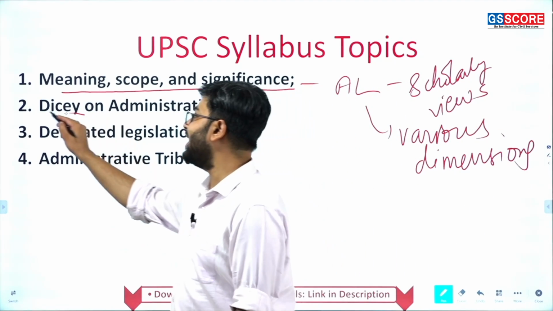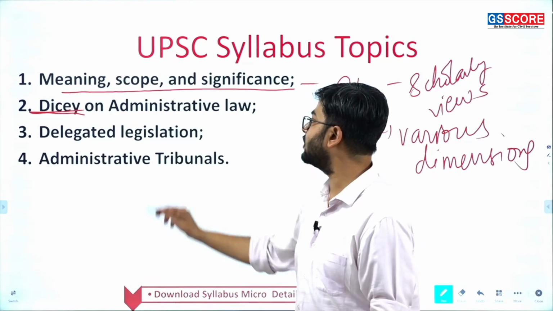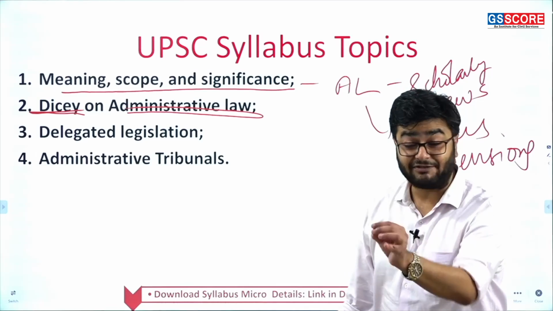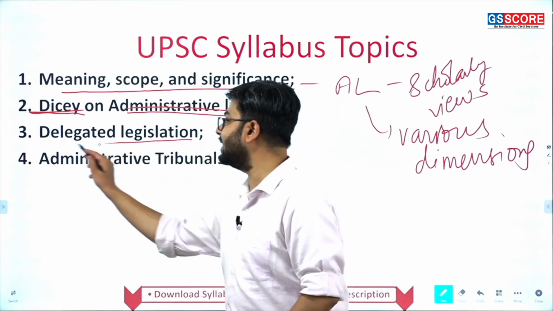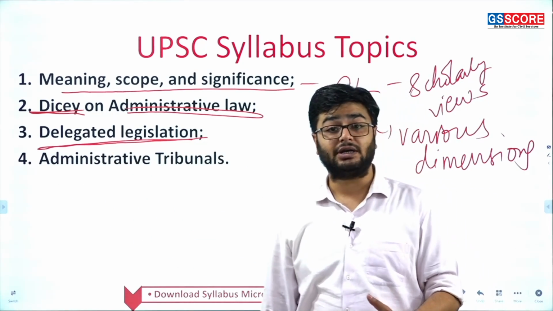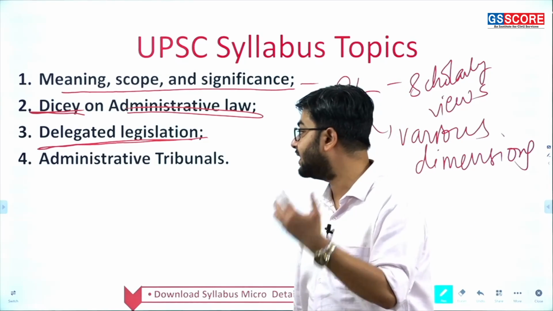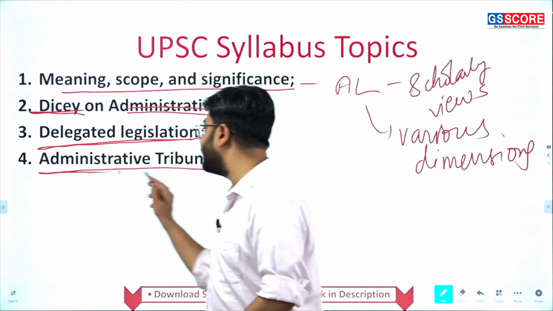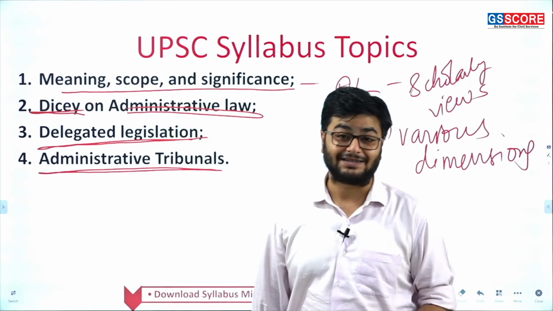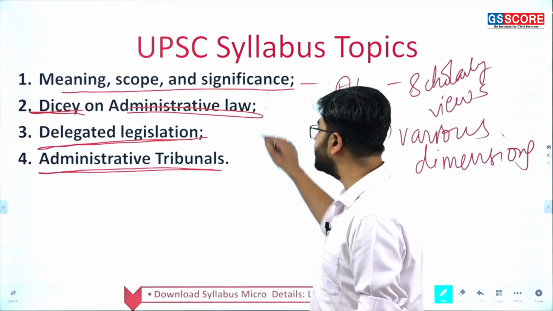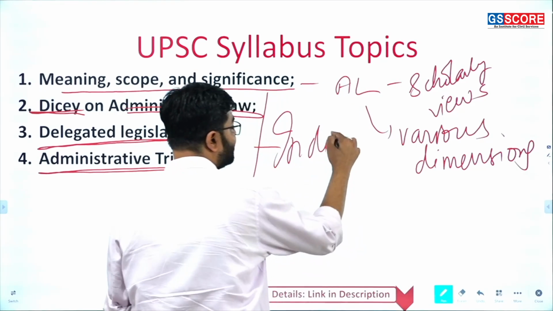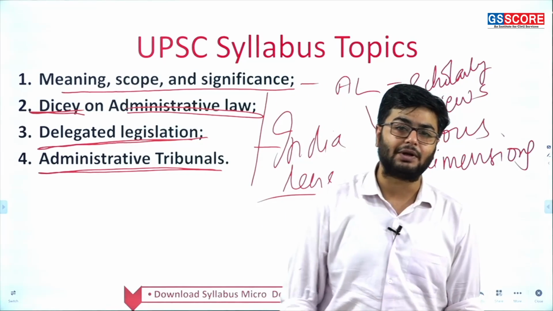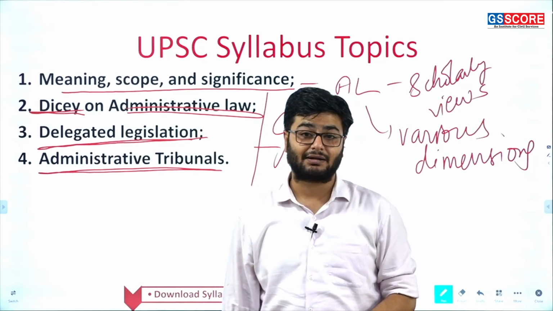Then Dicey, A.V. Dicey, a scholar, and his seminal contribution to administrative law, the concept and manifestation both of delegated legislation, the typology, the positive delegated legislation, negative delegated legislation, so on and so forth, and again the concept of administrative tribunals and their practice. Obviously all of this has to be seen with an India lens as well, to understand, to give examples, to link and interlink.